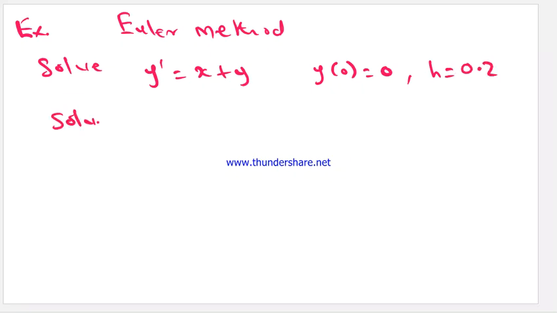To solve this, we have to use the Euler expression, which is what? y(n+1) equals yn plus h f(xn, yn).